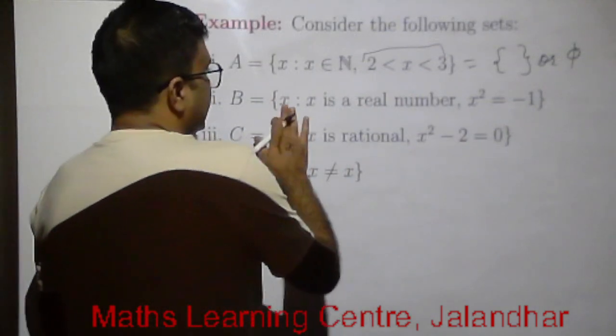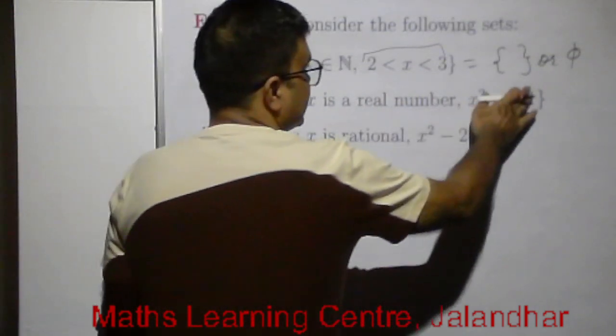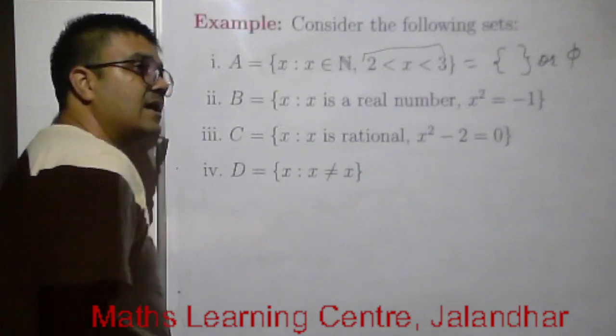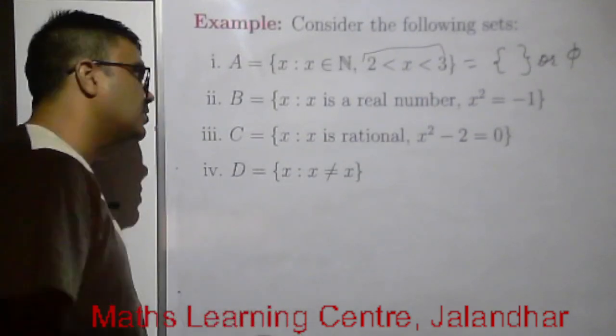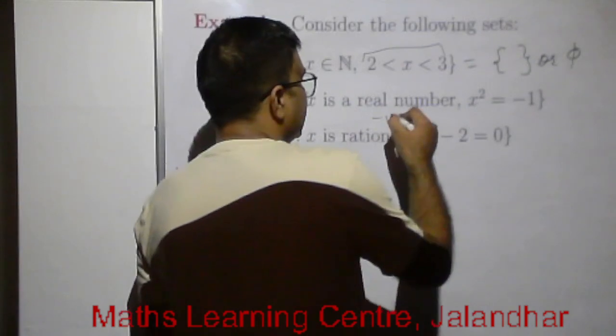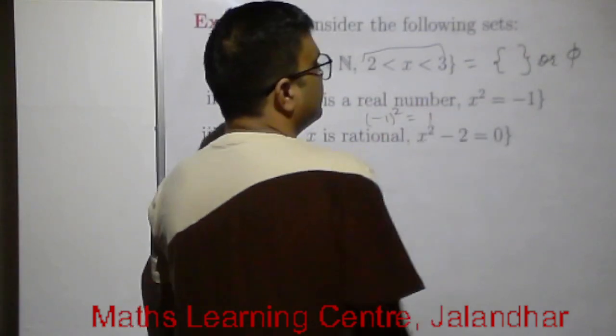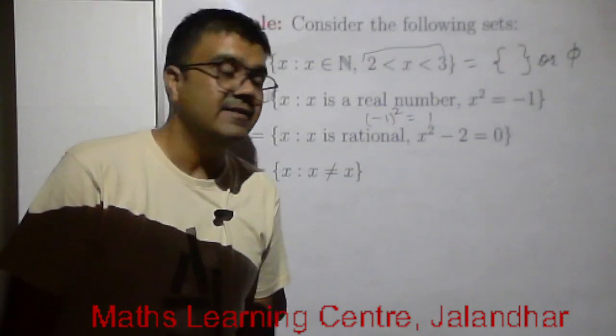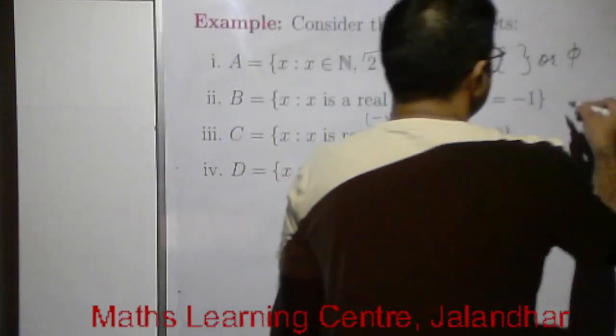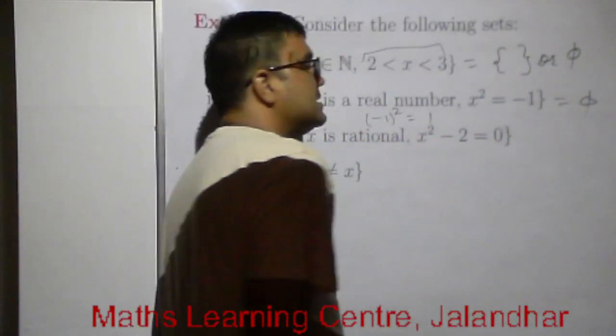Next, x is a real number and x square is equal to minus 1. Can there be a real number whose square is minus 1? Not possible, because we know that the square of any real number is always non-negative. There is no real number whose square is negative. So clearly this set is also an empty set.